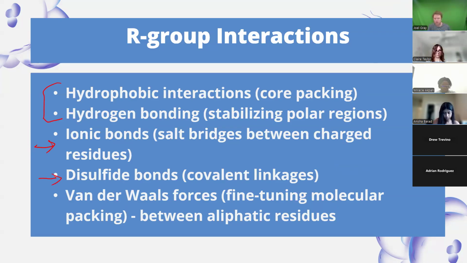Disulfide bonds, when you look at those, this is the one covalent bond that we talk about with respect to stabilizing tertiary and quaternary structure. So ionic bonds and disulfide bonds are considerably stronger than hydrophobic and hydrogen interactions.